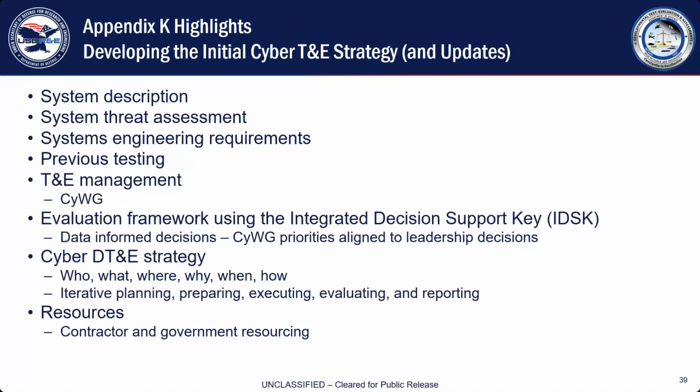So all of the data and analysis now should be readily available in the program's repositories to all of the authorized stakeholders for the cyber working group. And the T&E data that they're going to be gathering from the developer should also be in that repository and available to the cyber working group to review as it's being generated. So they will refine and update their T&E strategy throughout continuous planning cyber working group activities.